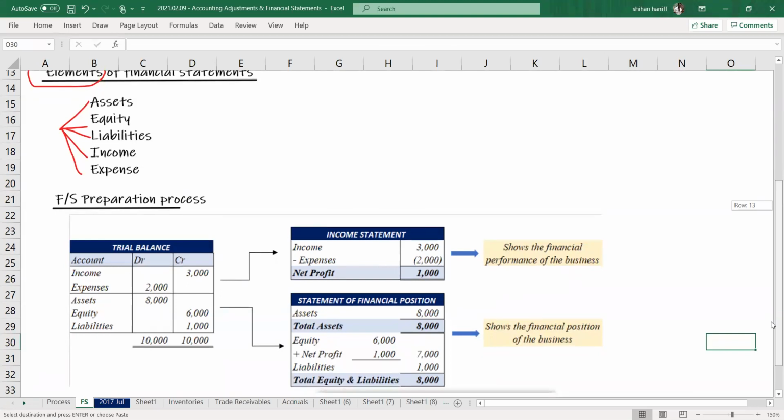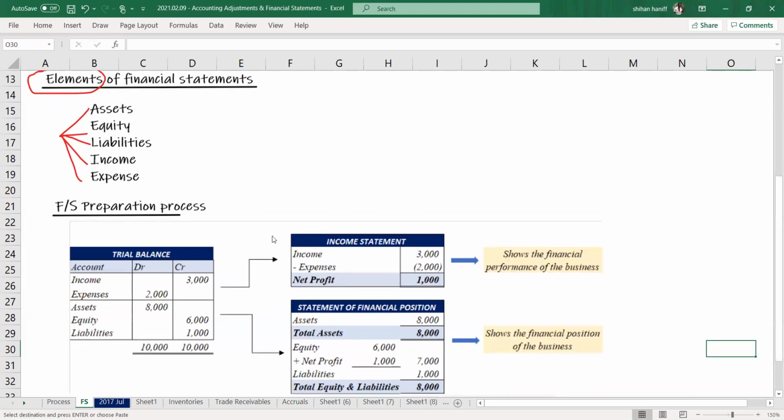Financial statement preparation process. In our previous sessions we discussed preparation of the trial balance. Now from the trial balance we have to prepare the income statement, or statement of profit and loss, and the statement of financial position.